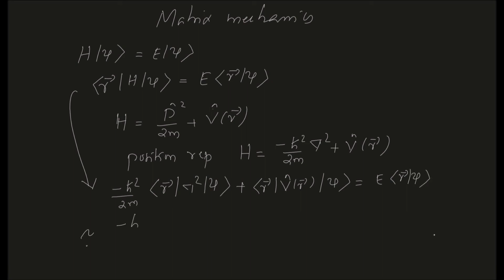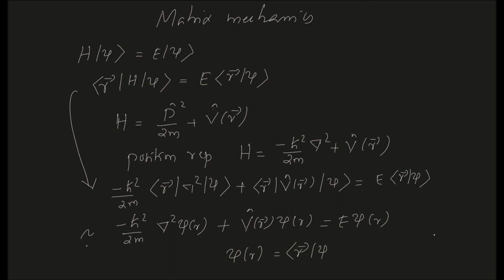That is, minus h cross square by 2m del square psi of r plus V of r into psi of r is equal to E into psi of r, where psi of r is given by the projection of this psi onto this position space.